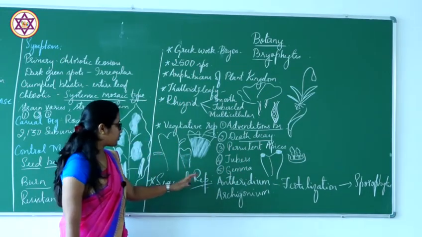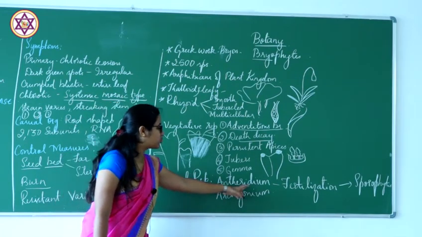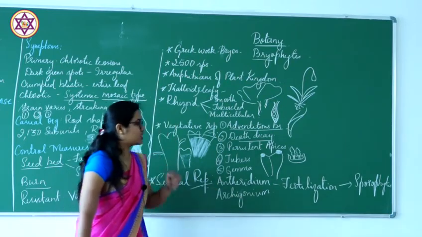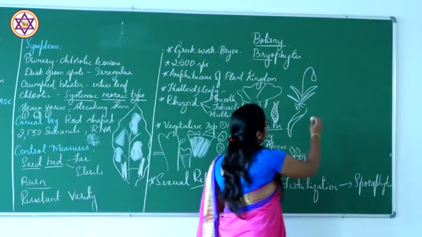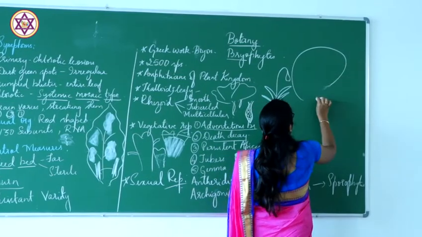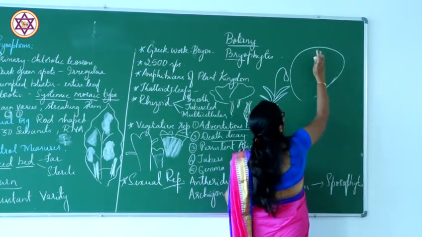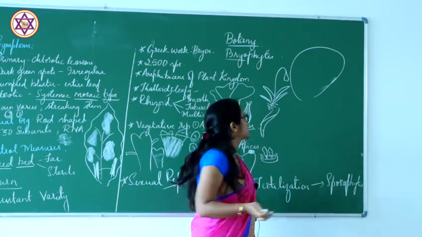Moving to sexual reproduction, it is by the production of antheridium, which is the male sex organ, and archegonium, which is the female sex organ. So how is this seen? The structure will have a cavity with a roof, present inside the thallus.